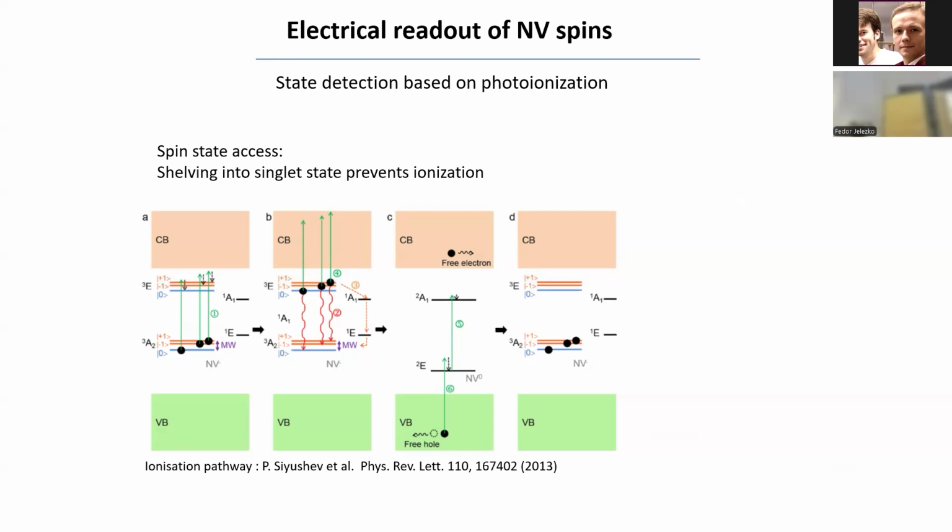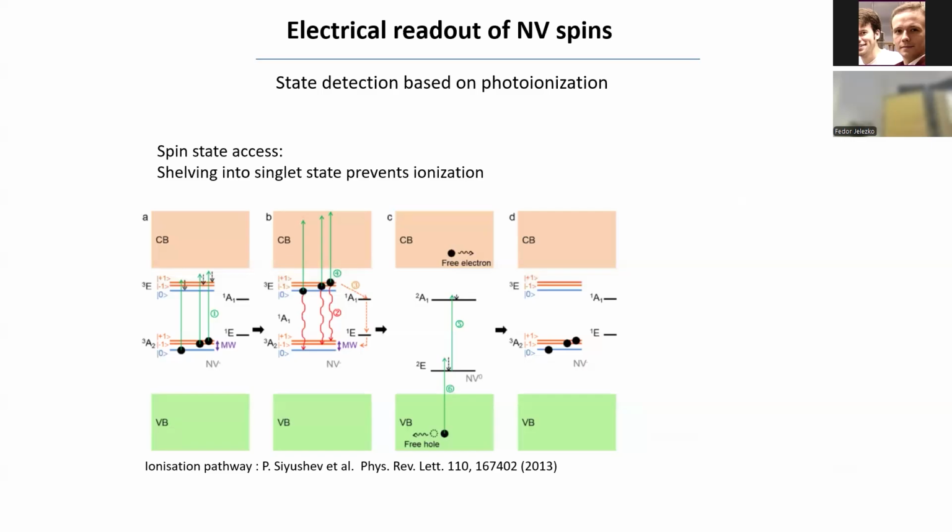Now your diamond becomes conductive. You have an electron in the conduction band, and diamond is a good conductor. It's an insulator only because there are no charge carriers in the conduction band, but mobility is very high. Now your diamond becomes conductive for some time before you suck this electron to the electrodes, if you have electrodes nearby.